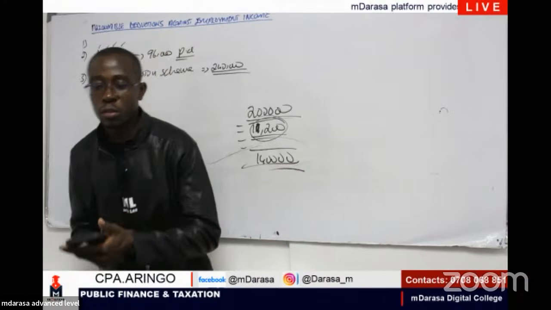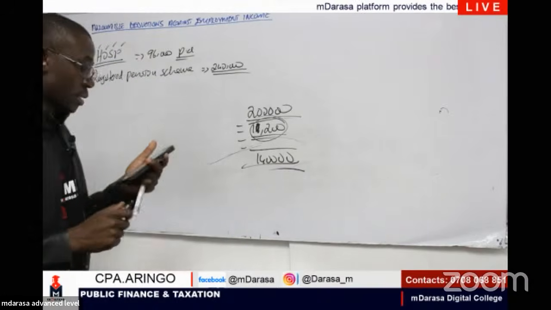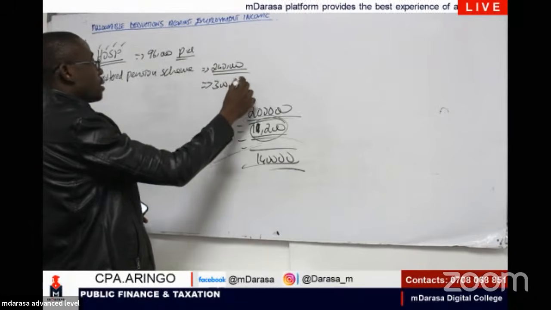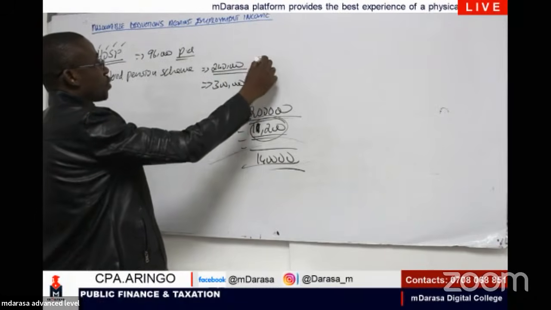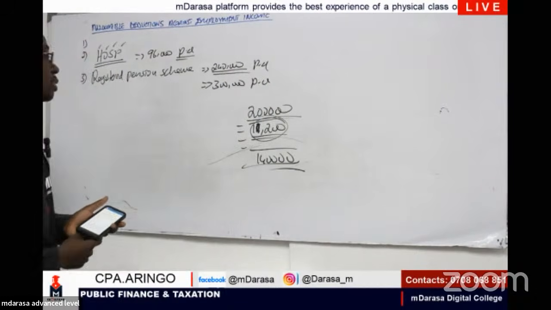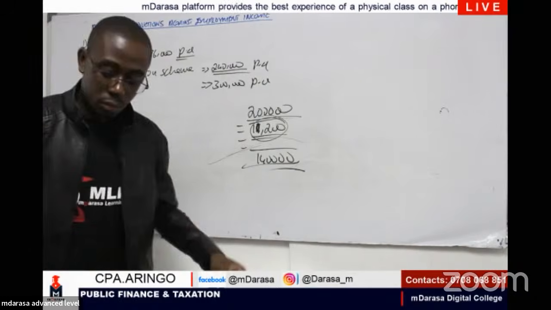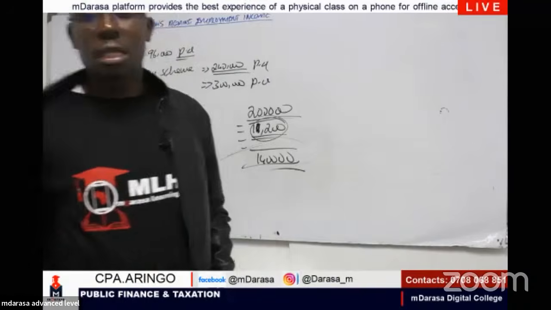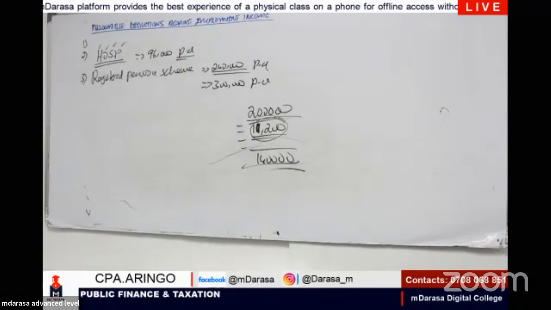In this case, we are talking about mortgage interest. Interest on a loan borrowed to purchase a house is subject to a maximum of 300,000 shillings per annum. All these are on a per annum basis.